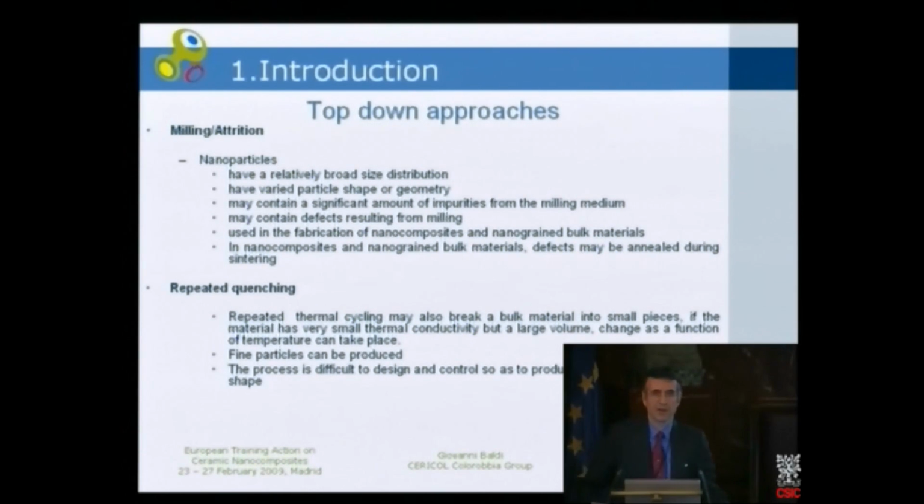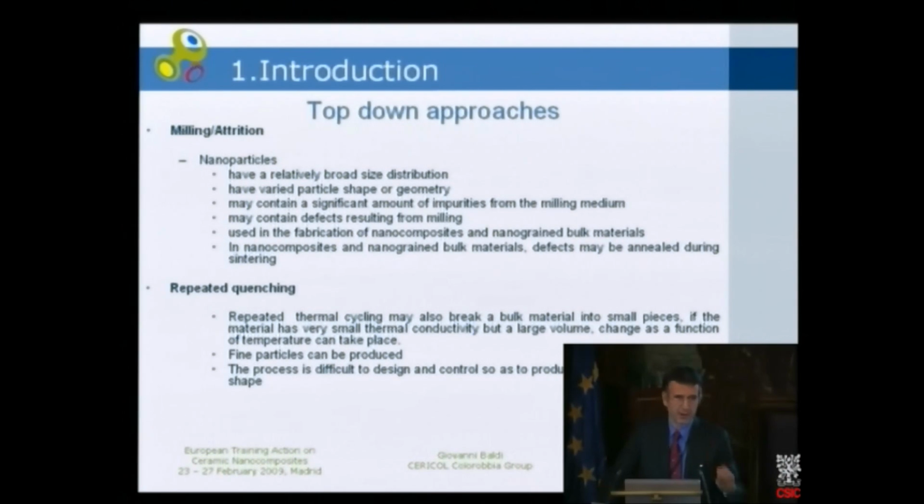Another approach could be repeated quenching, in which repeated thermal cycling may also break bulk material into small pieces. But the important point is that if the material has small thermal conductivity and large volume, change as a function of temperature can take place.